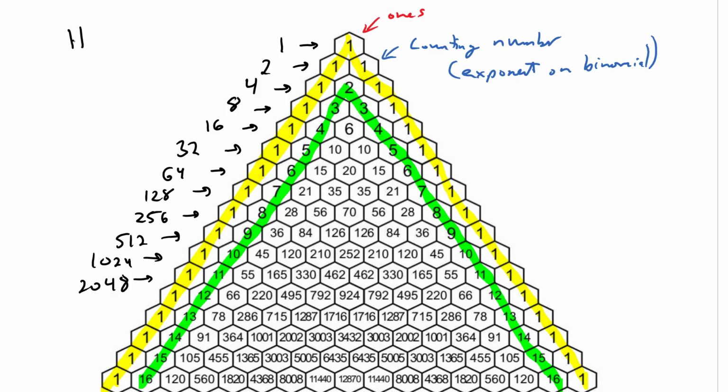I'm doing this in my head because the horizontal sums are 2 to the exponent n, where n is the exponent here. We have 2 to the 0 is 1, 2 to the 1 is 2, 4, 8, 16, 32, 64, 128, 256, 512, so on and so forth.